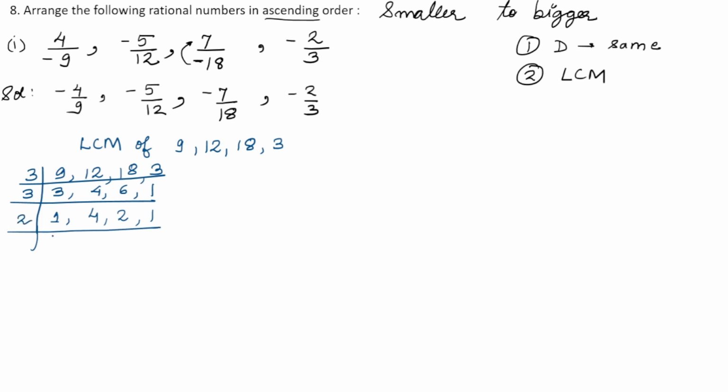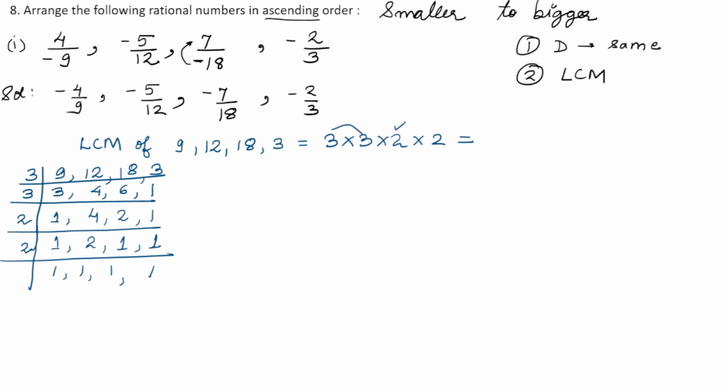And lastly divide it by 2, so you get here 1, 1, 1 and 1. So what is the LCM? The LCM is 3 into 3 into 2 into 2, which is 3 threes are 9, 9 into 2 is 18, 18 twos are 36. So our LCM is 36.